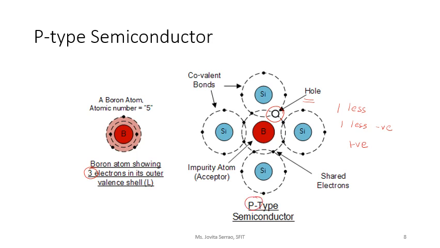So for now what we need to remember is, if I have an n-type semiconductor, the majority carriers are electrons. The minority carriers in an n-type semiconductor are holes. Electrons will be denoted by e minus and holes will be denoted as h plus. And when I have a p-type semiconductor, the majority carriers are holes and the minority carriers are electrons.